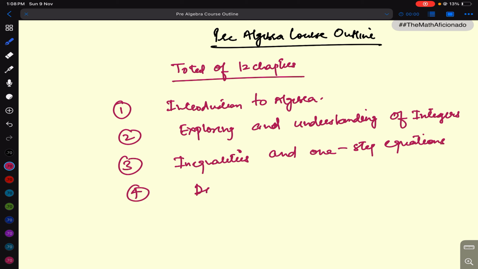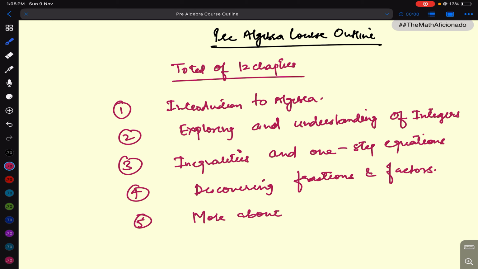Fourth is discovering fractions and also the factors. Fifth would be more about the four rules of arithmetic.